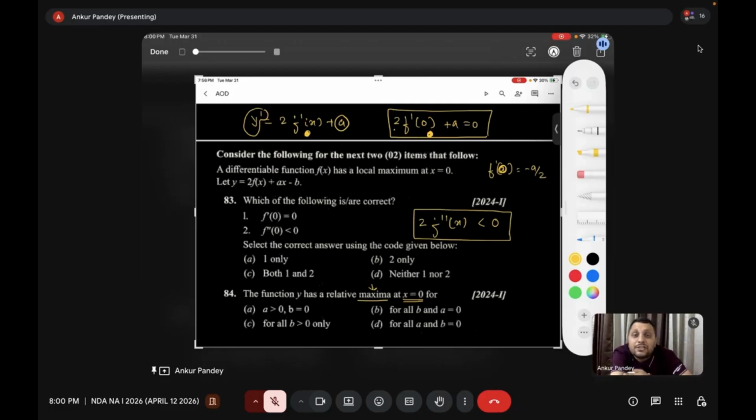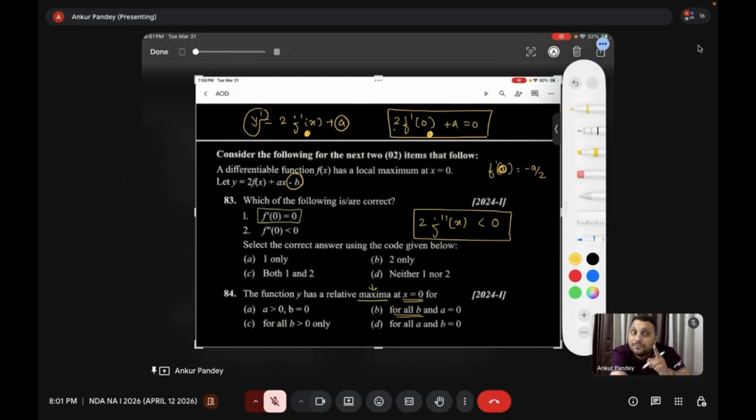Now in both the expressions, is there any participation of the value b? No. So, for all b should be the right answer. Clear? And already in the first question we have f dash 0 equal to 0.